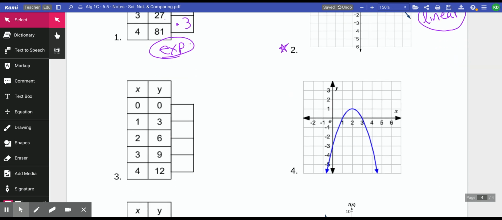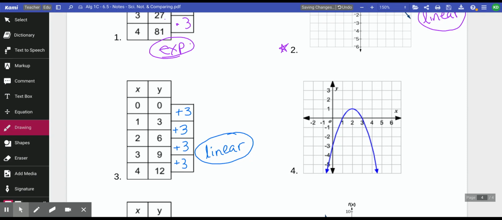All right, let's look at number 3 is our next table. So 0, 3, 6, 9, 12. See how this one feels like counting by 3s? That's because we are. If we add 3 every time, 6 plus 3 is 9, 9 plus 3 is 12. We are adding 3 every time, so this one is linear.